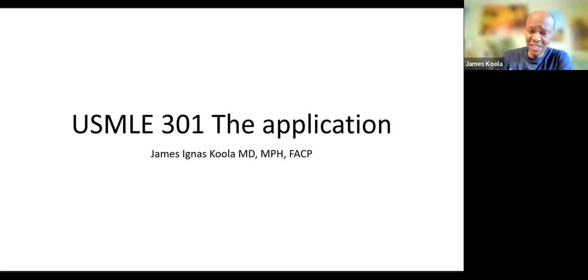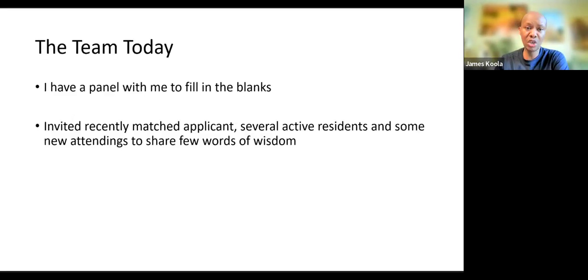Just looking through, the whole process can be overwhelming, and there's a lot of psychology to the whole USMLE process. So you want to be fit and ready to bring your A game and give yourself the best chance to match and continue with your training.